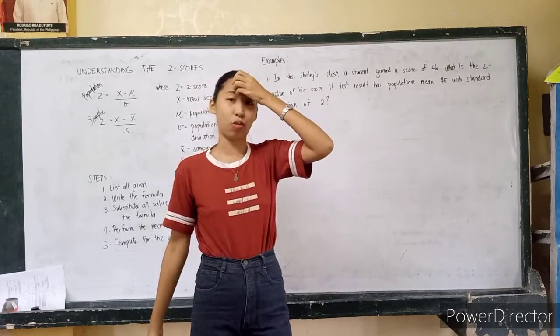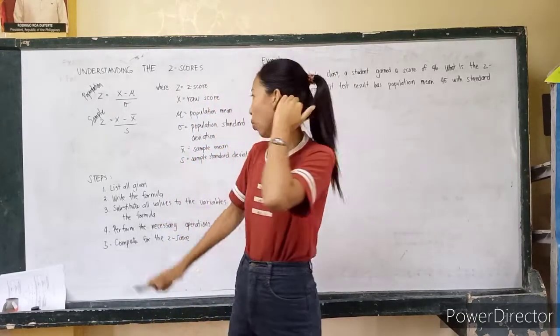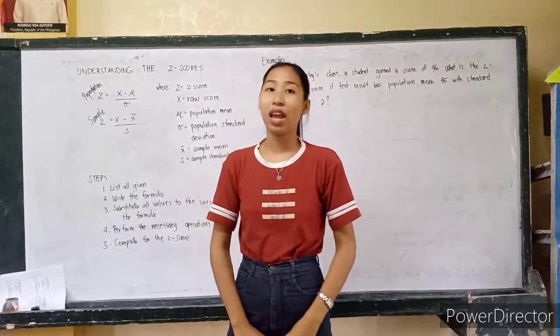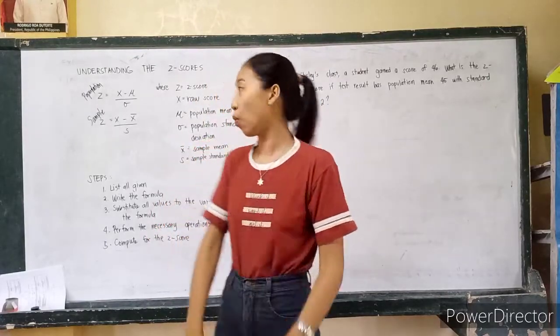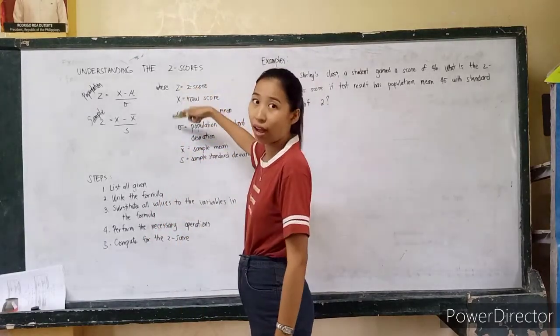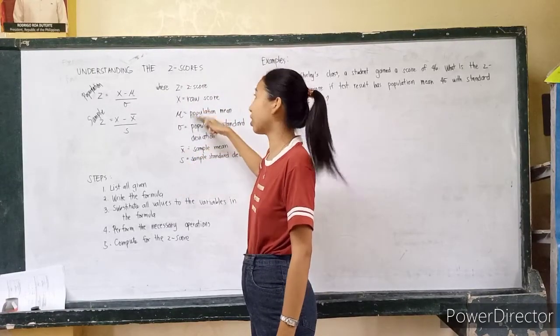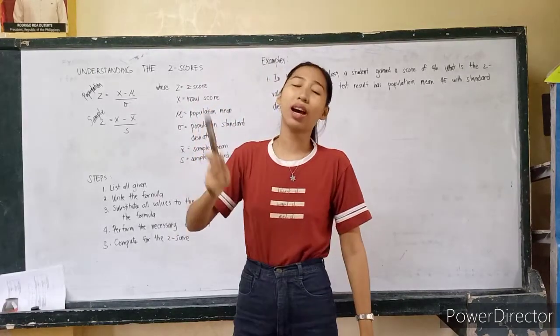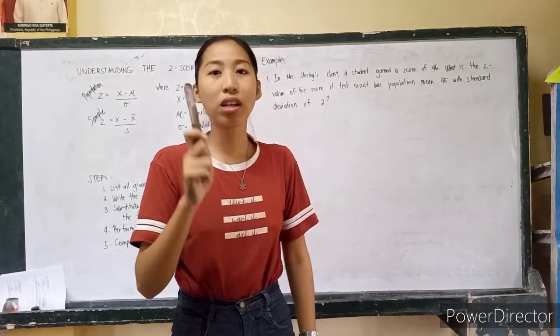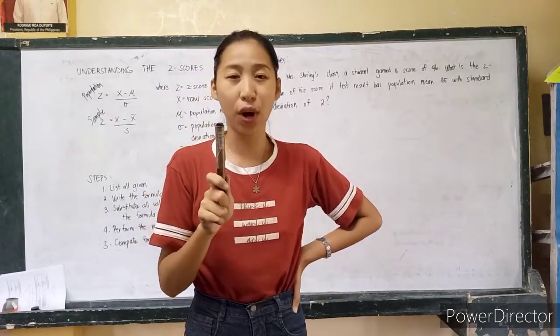Next one is list all the given. And given siya with the proper notations or variables or letters or symbols. Importante kaayo nga tama ang imuhang symbol sa imuhang given nga number.